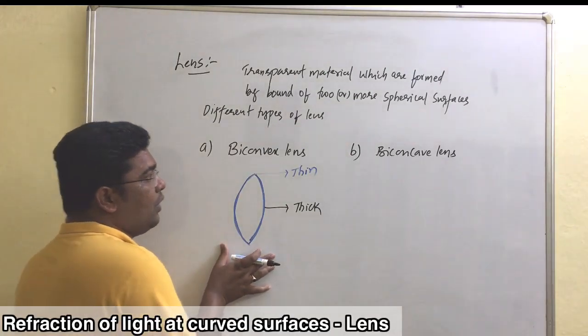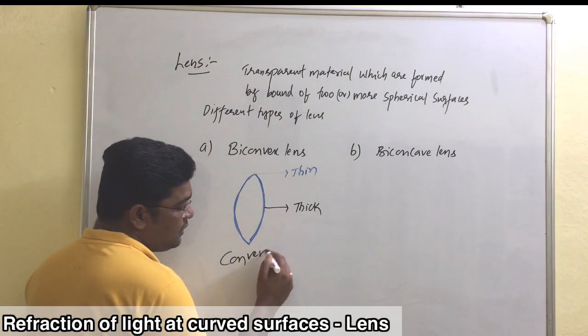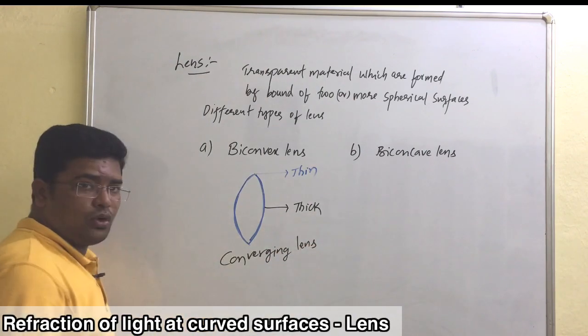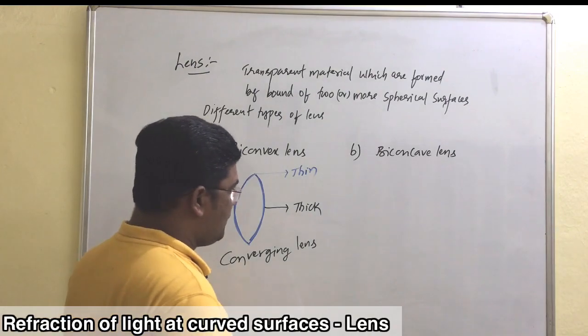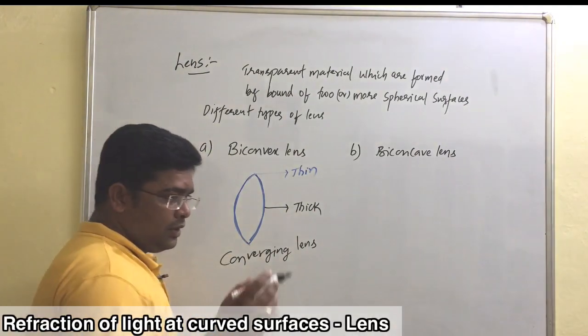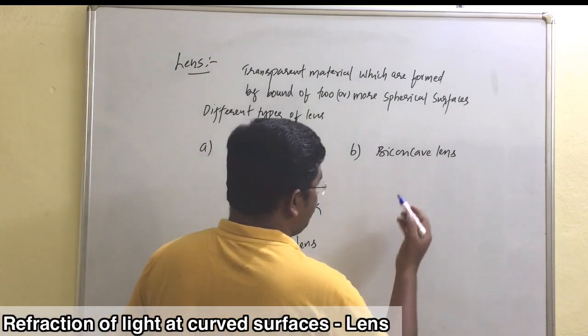Such a lens we call biconvex lens. These are also called converging lenses. In case of mirror, which is called converging mirror? Yes, concave mirror is called converging mirror.